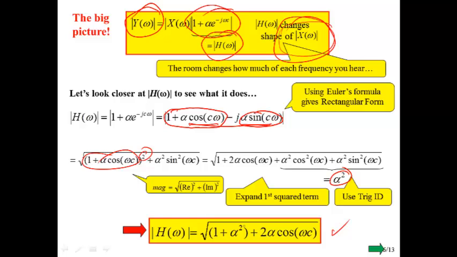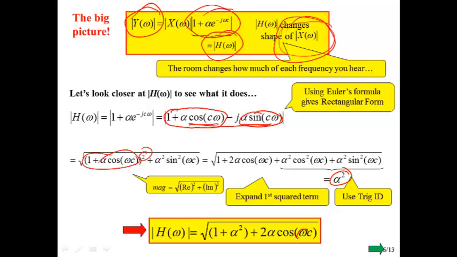So if all we had was this term, H of omega would be flat. But what we see is we've got something that's constant plus a wiggle on top of it. Now that wiggle is originally sinusoidal, but because of the square root, it warps the shape of the sinusoid. But nonetheless, we still expect an up and down wiggle.